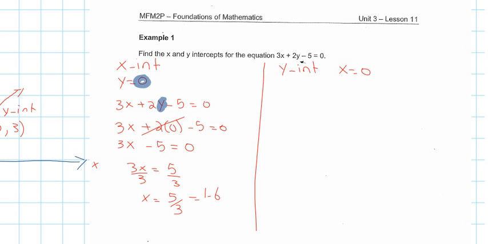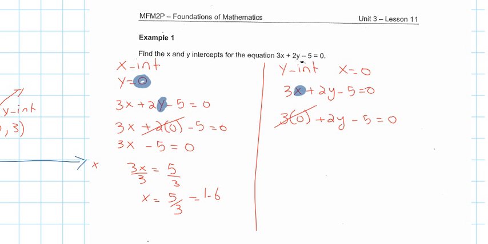Okay? Now to find the y-intercept, what did we say we have to plug in for x? X is 0. So now in this case, I'm going to replace x with 0. So I have 3 times 0 plus 2y minus 5 equals 0. 3 times 0 is 0, so this is gone.